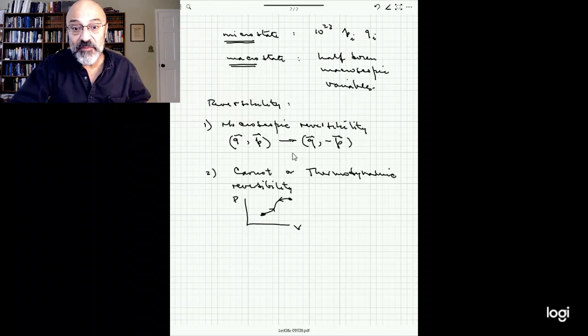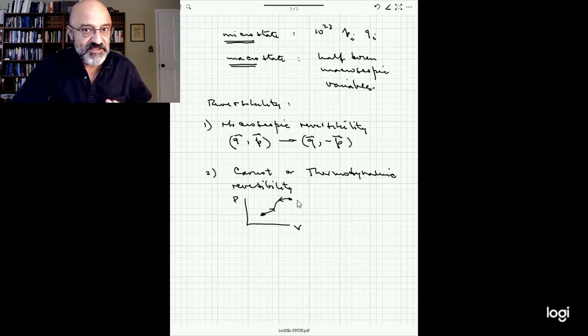So when people talk about thermodynamics inducing an arrow of time and breaking the reversibility of the fundamental equations of motion, that's complete nonsense.